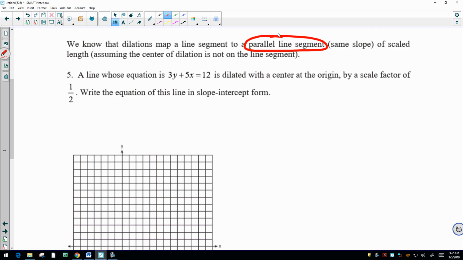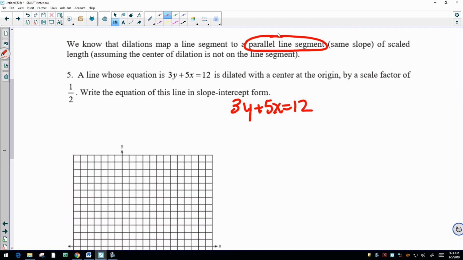So for this next one, we have a line whose equation is given, it's dilated with a center at the origin by a scale factor of 1/2. So now we have to come up with a new equation of this line, and they're asking for this in slope-intercept form. Okay, so first thing I would do is I would take this equation, and let's get it into that slope-intercept form, y equals mx plus b.